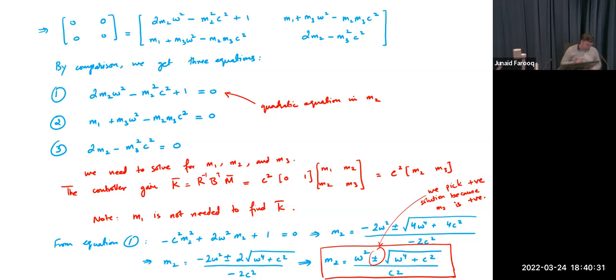Okay, so at least we found M2. Now from the other equations, there is M1 here, so we don't need to bother with this. Let's just use this equation to find the M3.